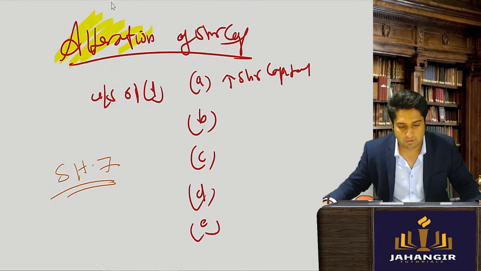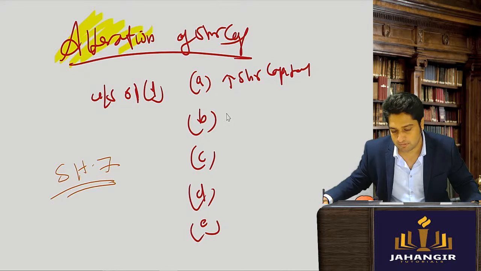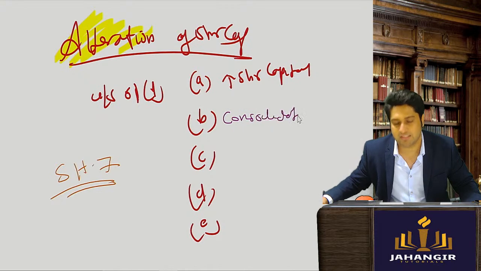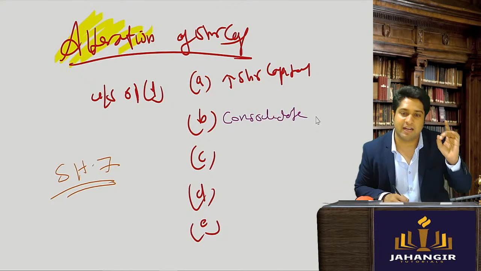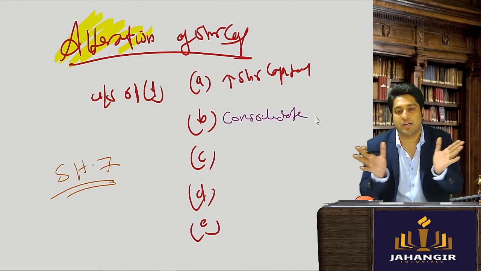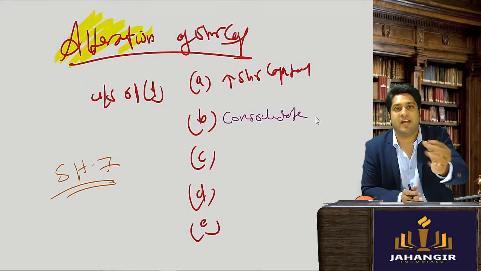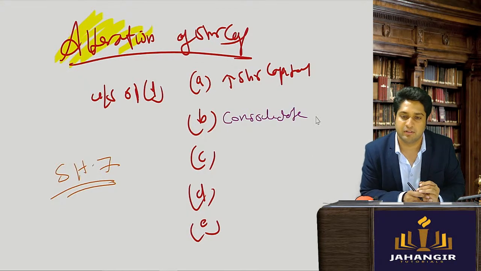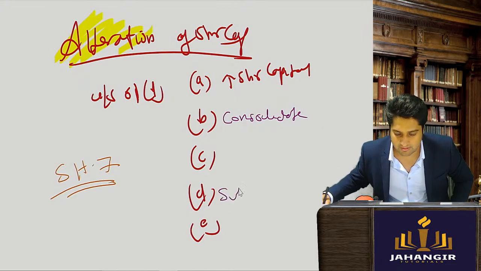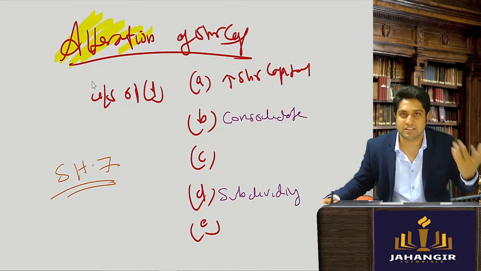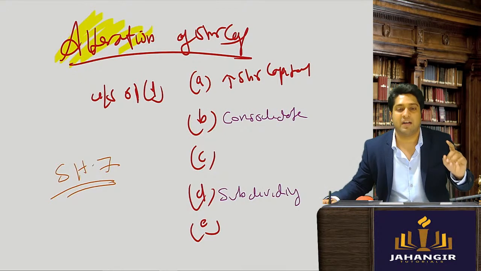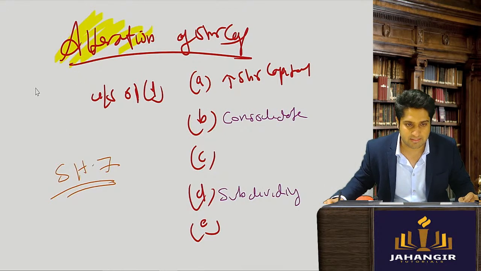Now, if I am consolidating my shares, that is, one share is of 10 rupees, so I consolidate 5 shares. If you're holding 5 shares, then you will get one share of 50. Or I am subdividing the shares. So again, I'm bringing some changes in the share capital. Let's say one share is of 50 rupees.